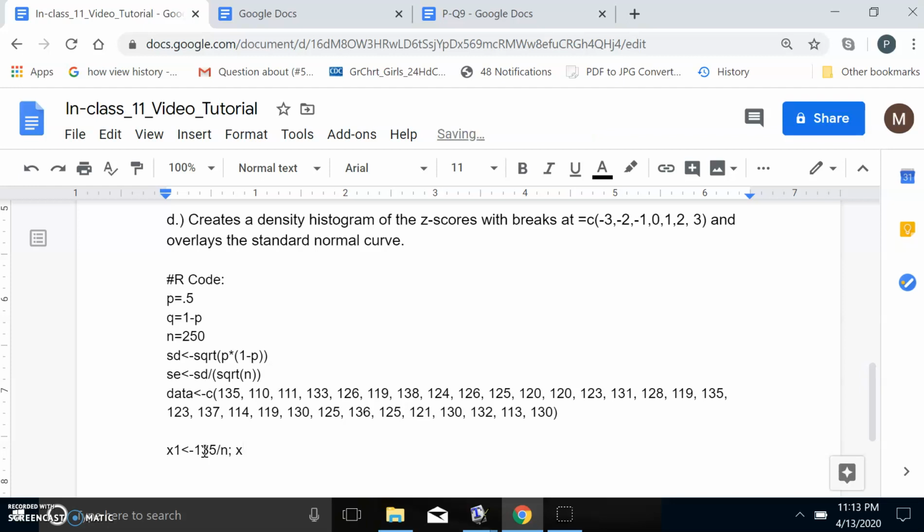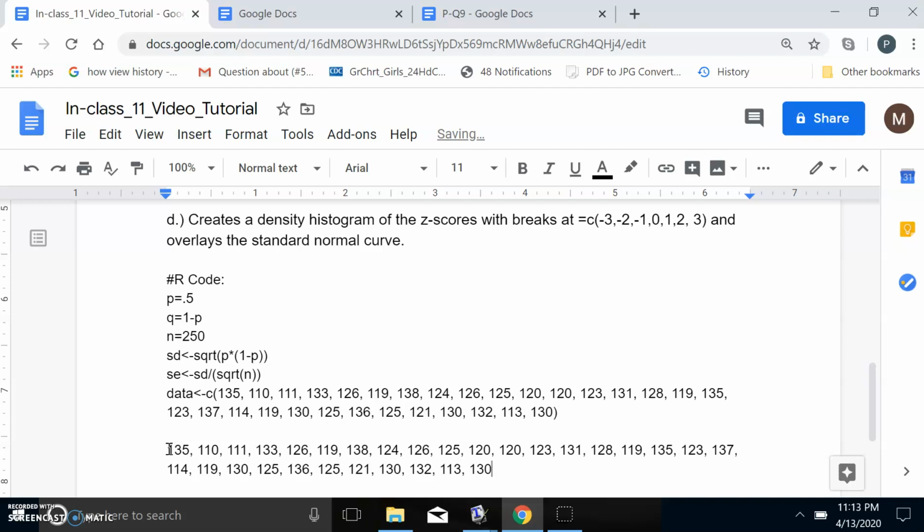For the next one, I'm going to do this to speed things up. Let's take this, paste it below, and replace the numbers.